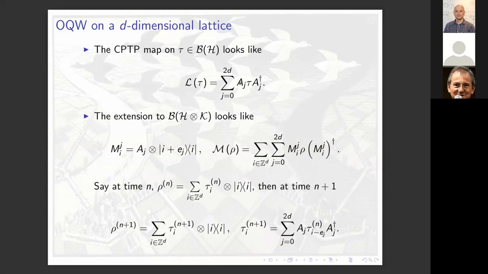So that's good. If I wanted to extend the map to act on the full Hilbert space, so also now convey the idea that the walker is moving on the lattice, I now define these M_ij as this tensor product, right? So there's this expression.